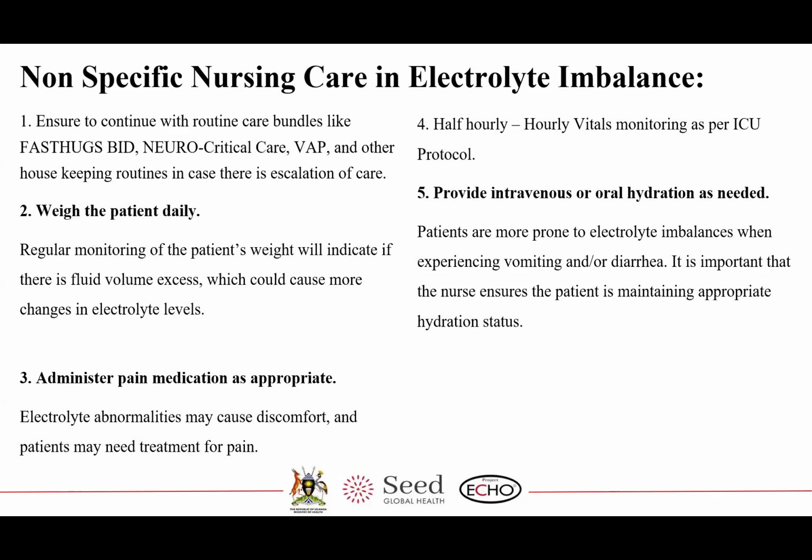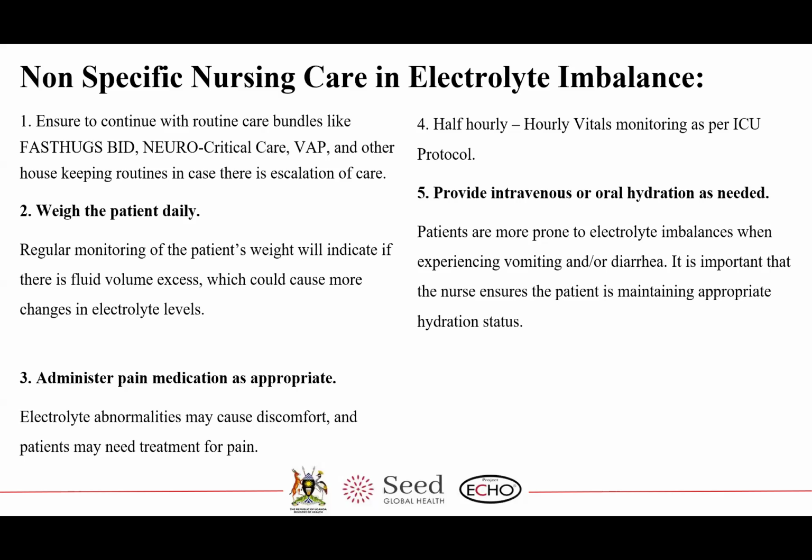So this should be done on the same day, and it should be done in the same clothes. So the good thing here is in most of the critical care units, you have beds that can take weight. So you capitalize on that to ensure that you weigh your patient daily, because we know our bodies largely have a bigger fluid volume. So we need to rule out that.